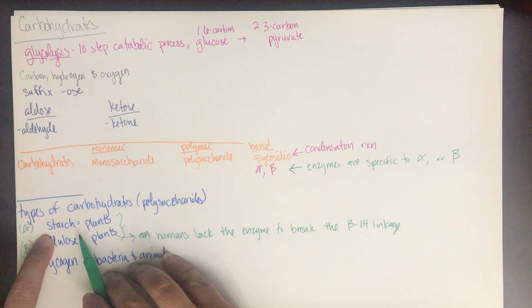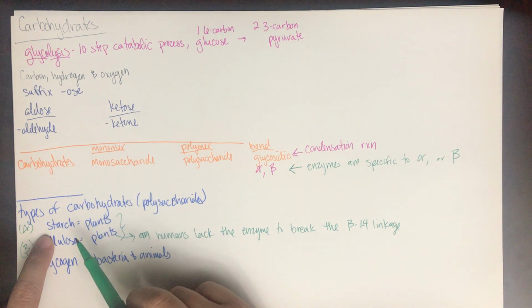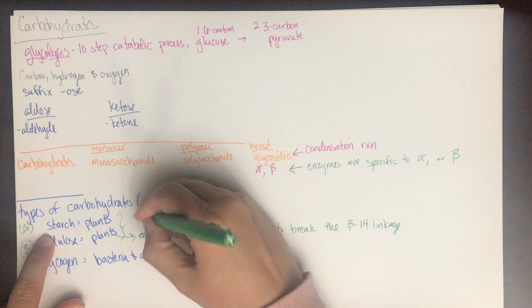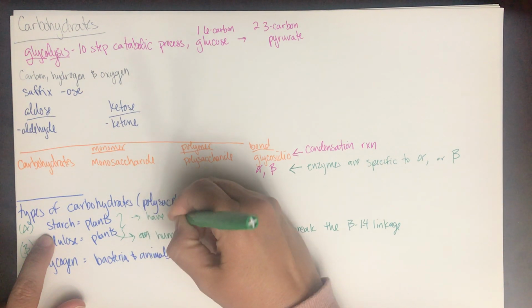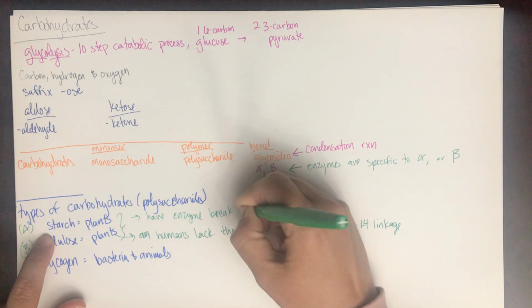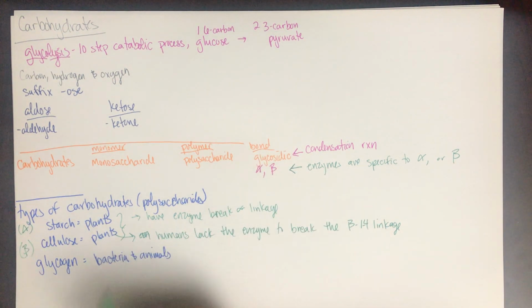Starchy plants like potatoes or fruits like bananas or apples, they store their glucose as starch. And we do have the enzyme to break the alpha linkage. So for example, a potato has stored all of these glucose molecules as starch with an alpha linkage.